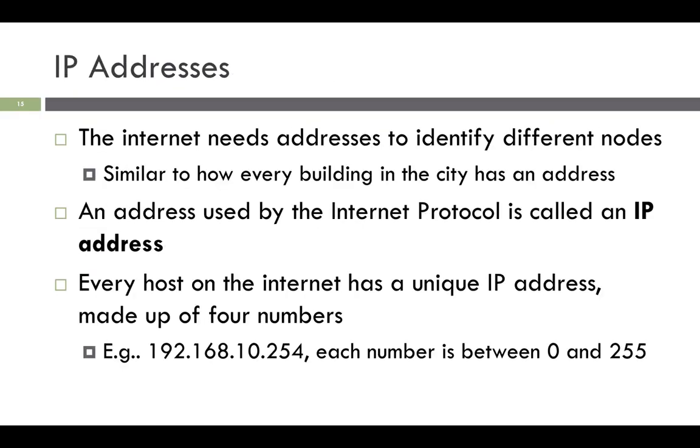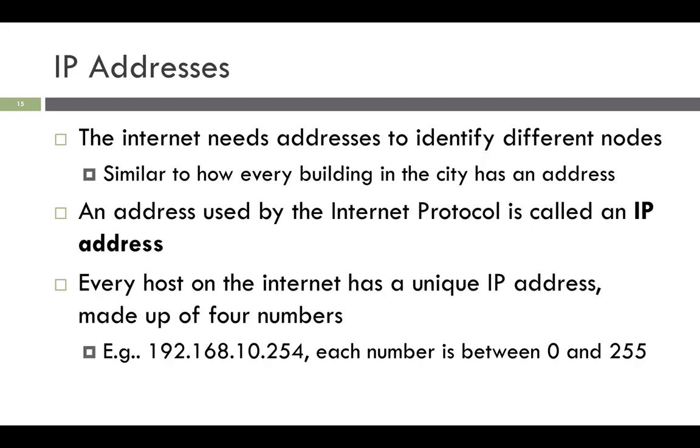Before the node or router can deliver the data, it needs to know where to go. The Internet needs an addressing system. Addressing systems are familiar, such as how buildings and streets in cities have an address. The addresses used by the Internet protocol are called IP addresses.